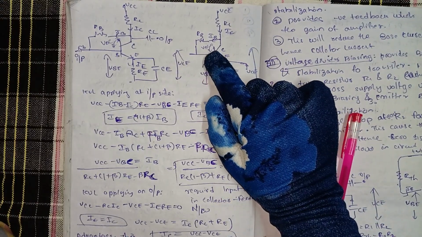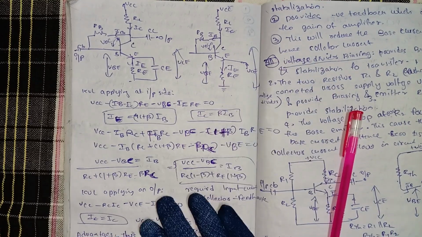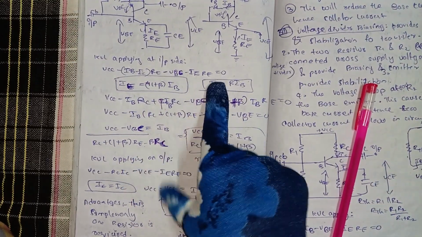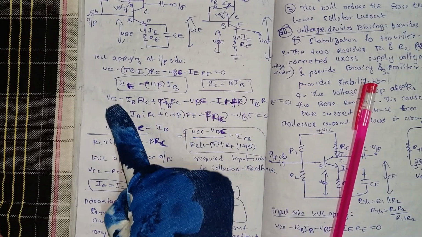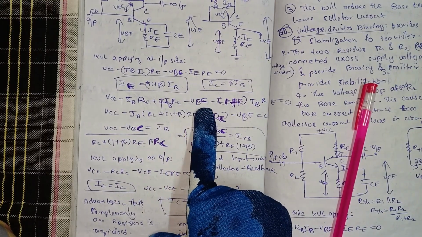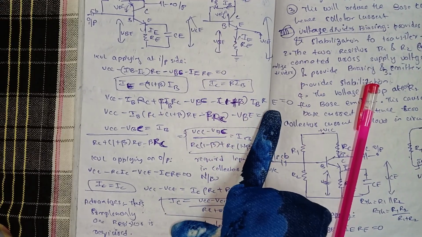Then VBC minus IE into RE. Then we know IE is equal to (1 plus beta) into IB, and IC is equal to beta IB. VCC minus IB into RC plus beta IB into RC minus VBC minus (1 plus beta) IB into RE is equal to 0.